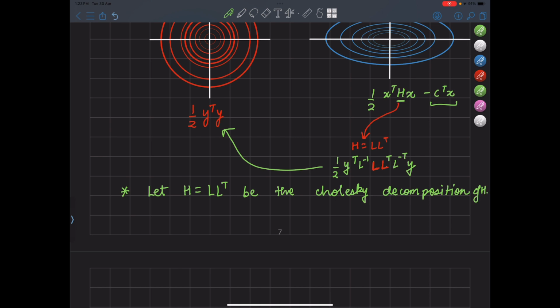All right, now we'll define a transformation y equal to L transpose x. So we are transforming x to y through this expression.